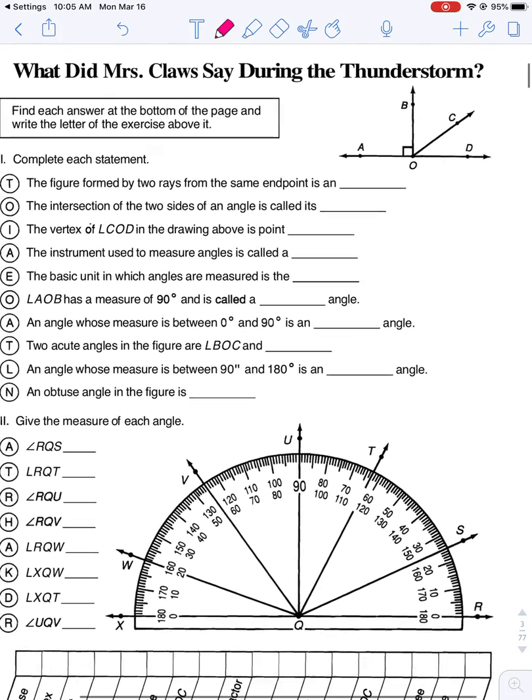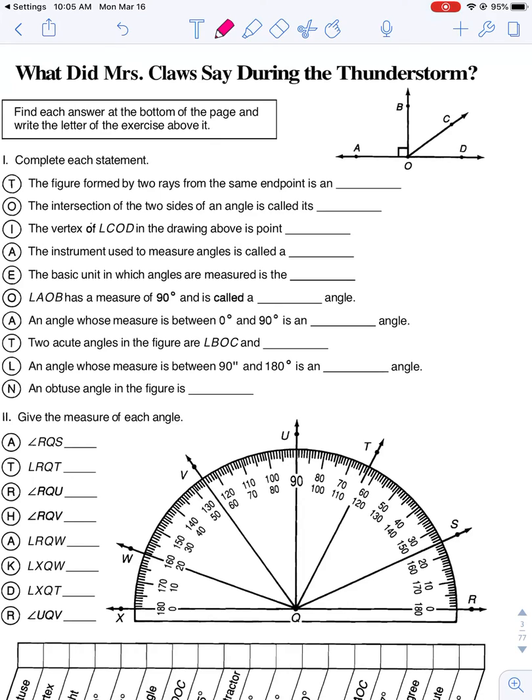So we have the figure formed by two rays from the same endpoint is called an angle. Let's see, the intersection of two sides of an angle is called a vertex. It's like the corner of an angle.